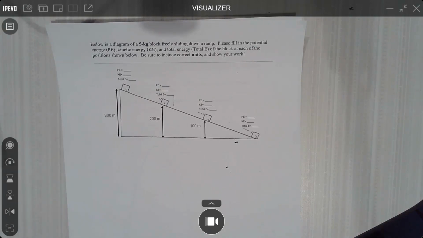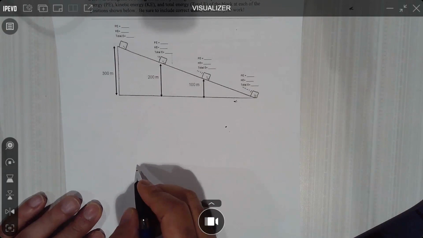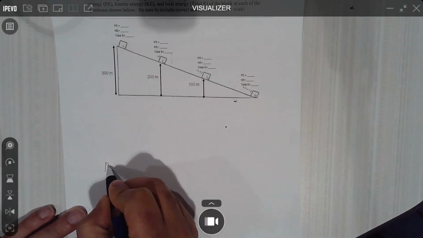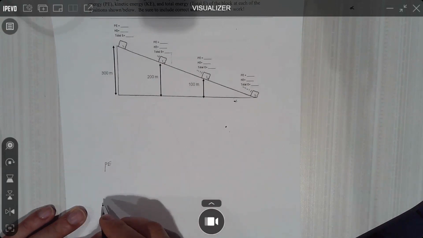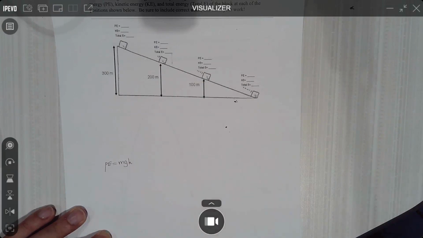So we have a 5 kilogram block, and we are supposed to find the potential energy and kinetic energy. Before solving this problem, let me explain what potential energy and kinetic energy are. Potential energy is the energy stored in the object, which is equal to mgh.